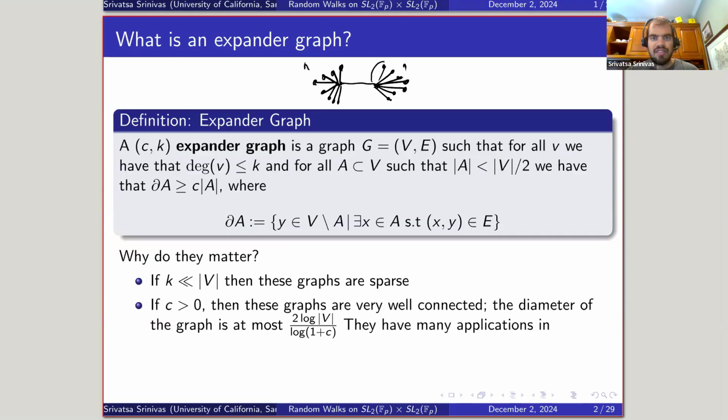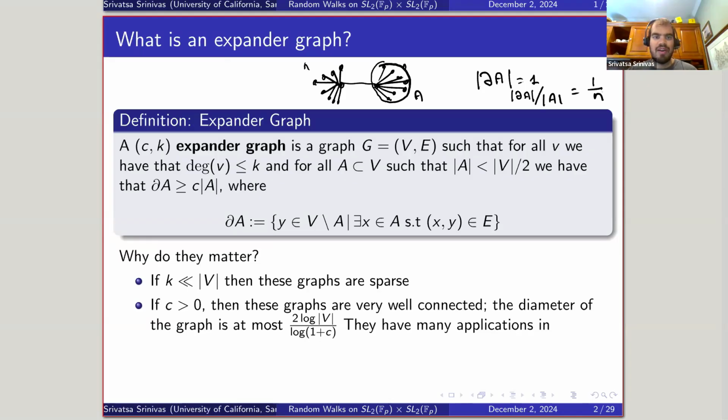Well, if we look at this set of vertices and call that A, then the boundary of A is actually just going to be this one vertex over here, because the boundary, partial A, is basically the set of vertices that are connected via edges to this set of vertices but are not inside the set. So the boundary of this set A is going to have size 1. Therefore, this ratio of the boundary divided by the size of A is 1 over n. So basically, a set like this does not have good expansion properties.